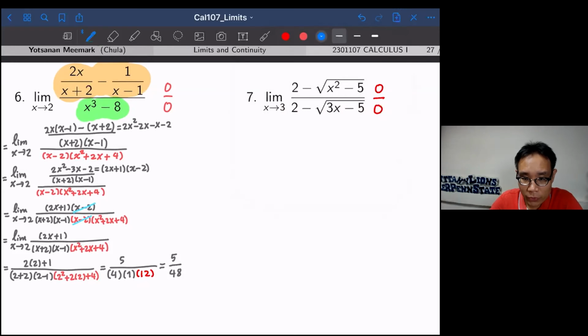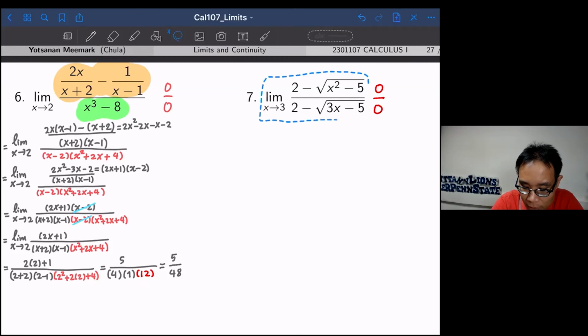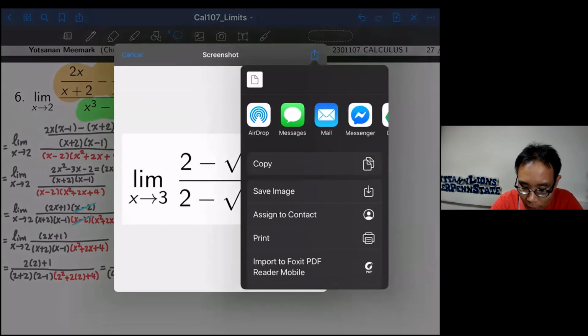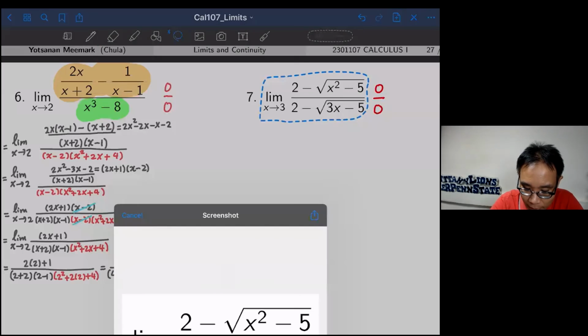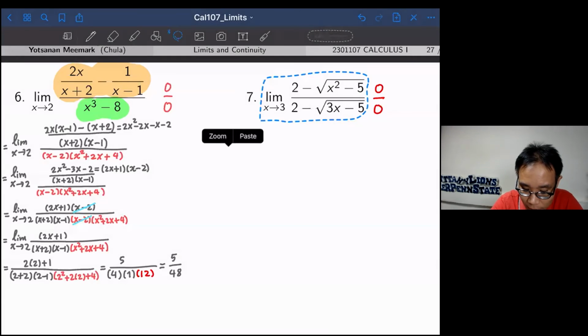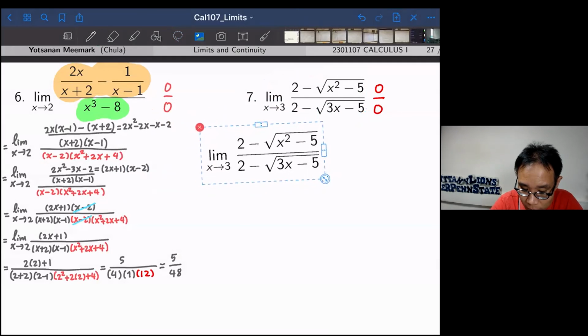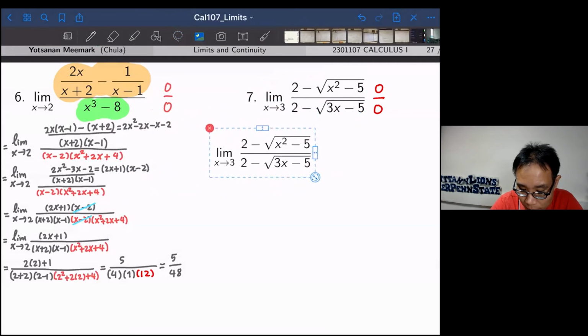In order to simplify, you may have to multiply by the conjugate square root. However, you may need to multiply twice in this case. Let me copy the function a little bit in order to work with it.